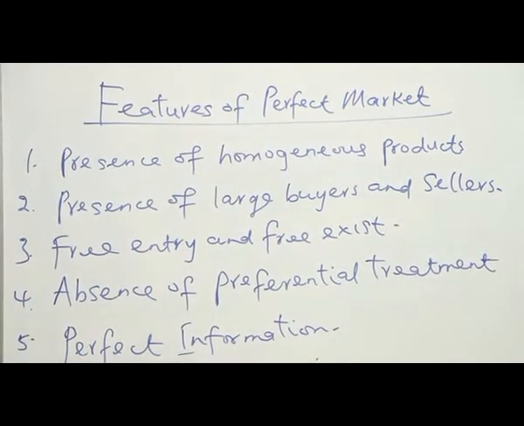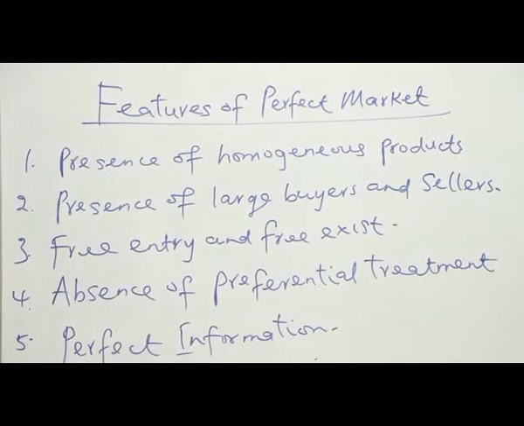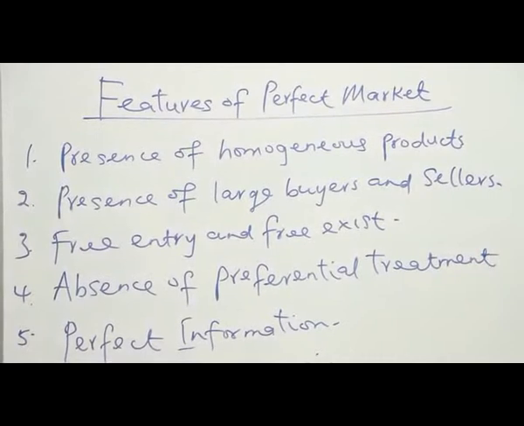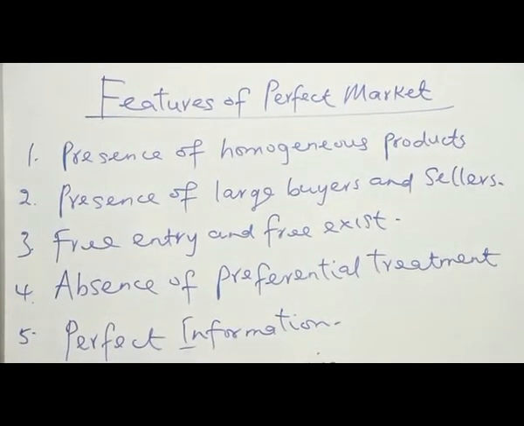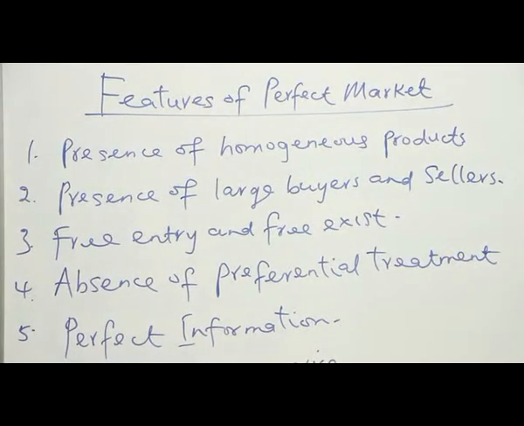That is, in this market, if the products are homogeneous, then we can say the market is a competitive market or perfect market. What do you mean by this? That is, if the products are identical in nature, that is, the products are the same in terms of size, in terms of color, in terms of shape.